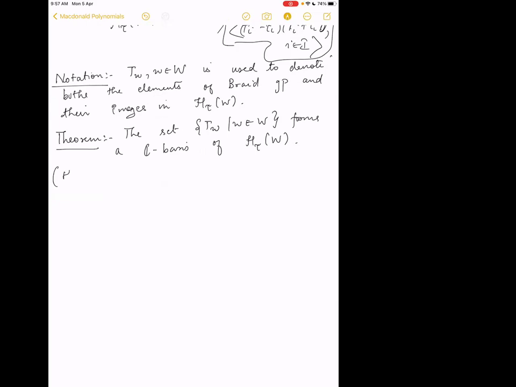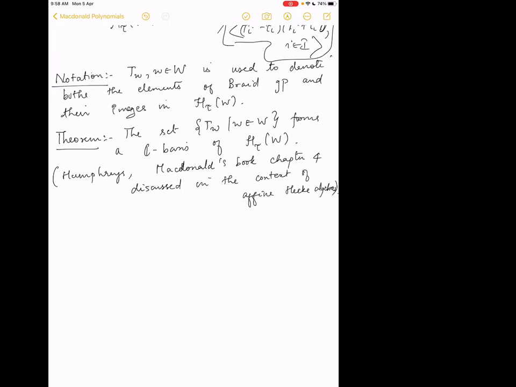You can also find this in Macdonald's book, chapter 4, I guess. Chapter 4 specifically discusses this in the context of affine Hecke algebras. But I'll skip this proof.